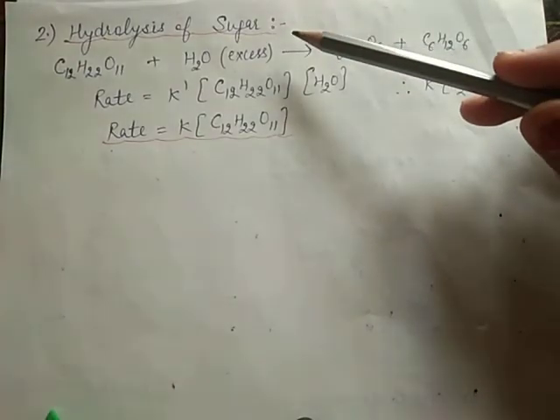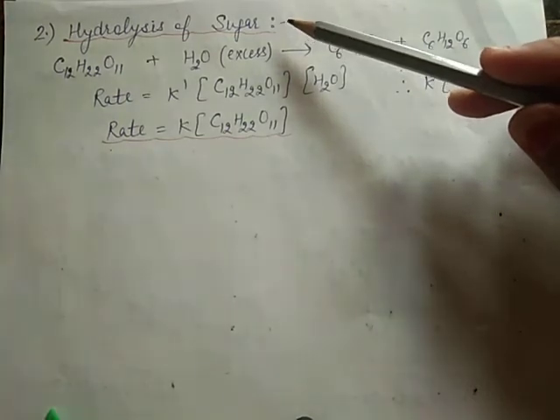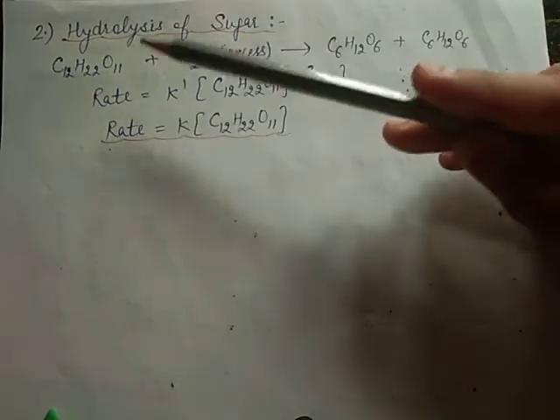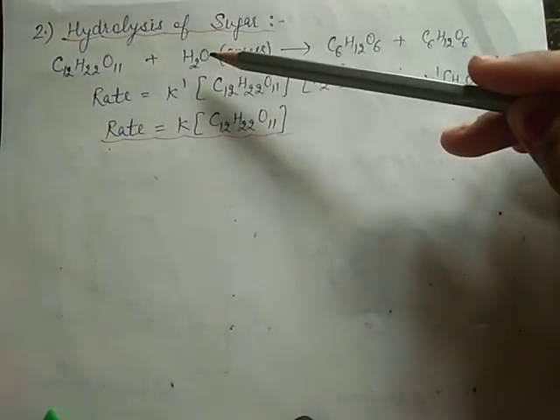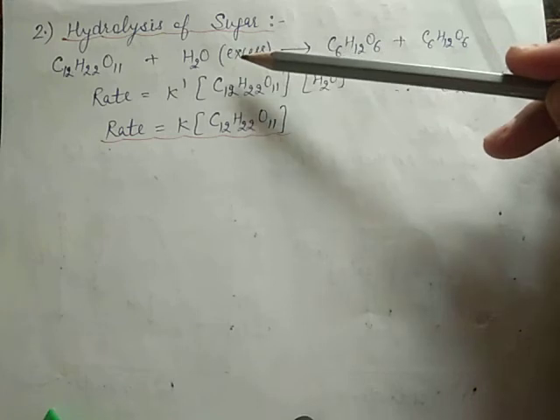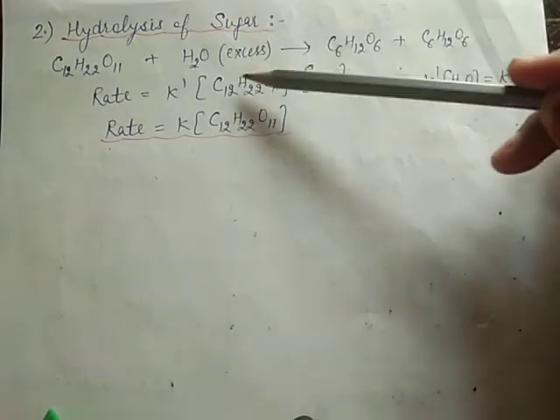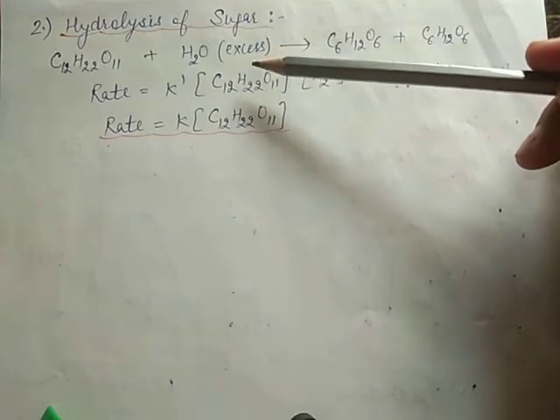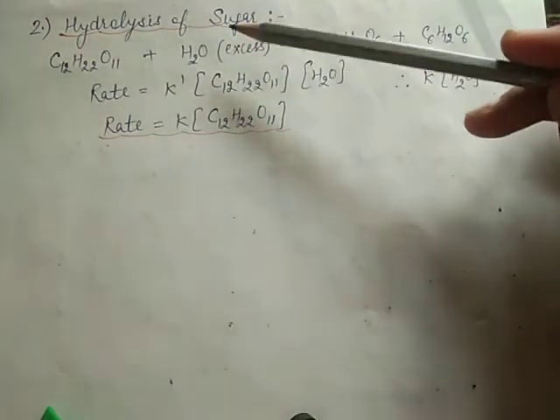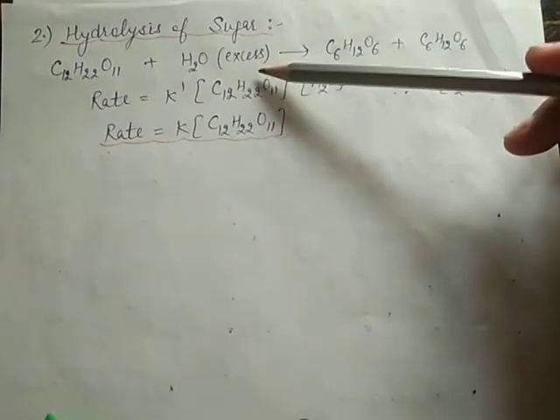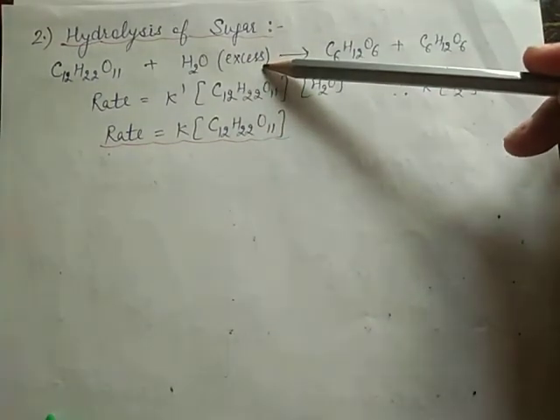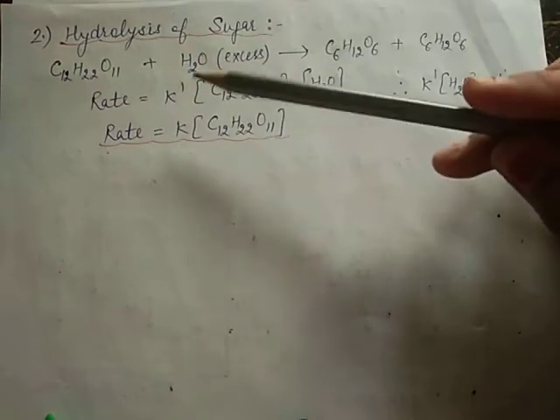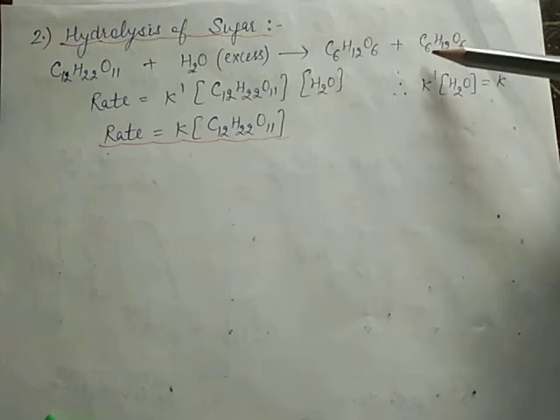Now the next example is hydrolysis of sugar. This is also a bimolecular reaction, made up of two molecules, but it is actually a first order reaction because the concentration of water is very large and does not change, since water is present in excess. So the concentration of water remains constant. When sucrose reacts with water on hydrolysis, it changes into glucose and fructose.